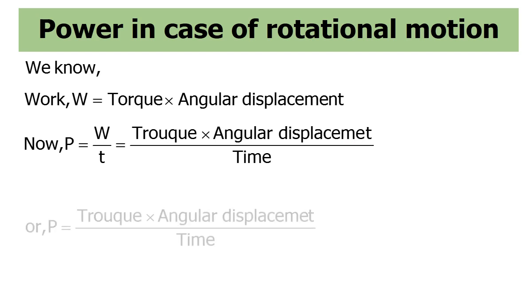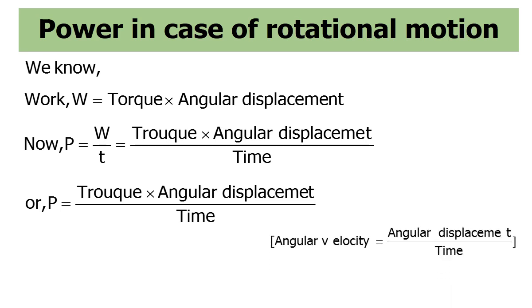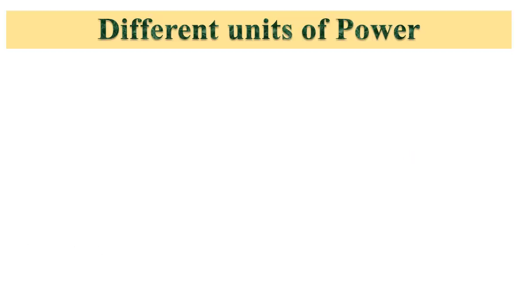And as we know, the angular displacement by time equals angular velocity, then we can write the power P equals torque into angular velocity. That is the formula for rotational motion.